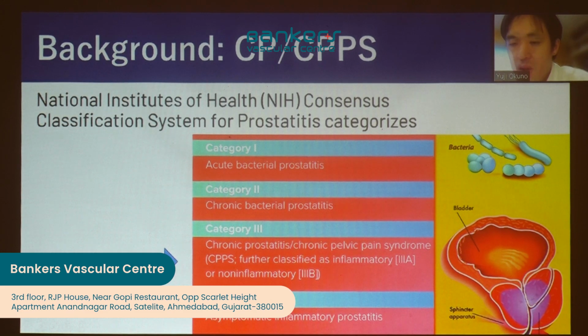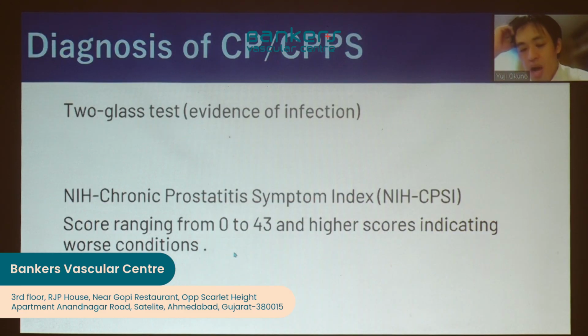So there are lots of male patients who have sitting pain and urinary symptoms and painful urination, but there is no evidence of bacteria. Most patients have chronic prostatitis, and there is no other good option for this. The diagnosis of chronic prostatitis is a 2-glass test, and it was negative.